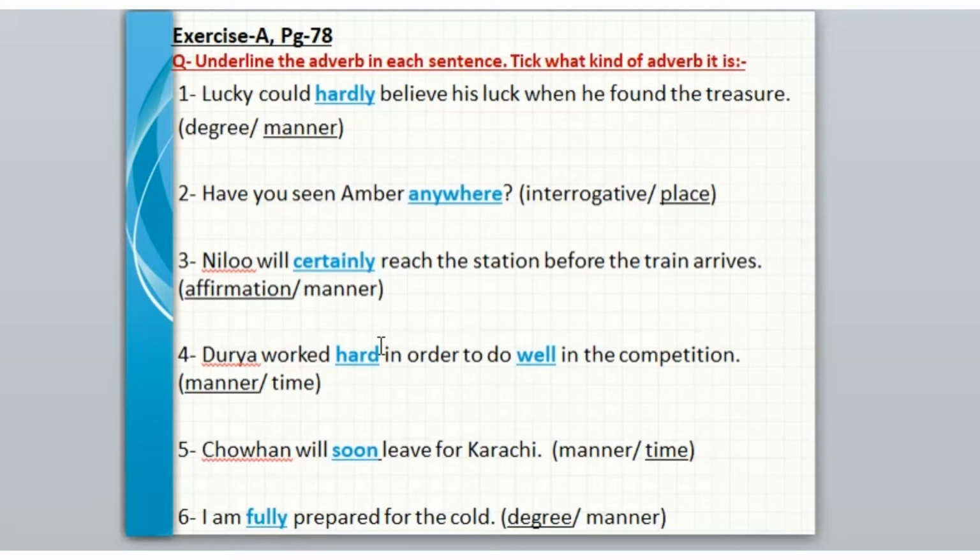They have used 2 adverbs. We have to pick out both adverbs and we will underline. Both belong to the same kind. Okay, students, you will underline well also. Do well. What do is defined by this adverb well here. Okay, students, underline hard, underline well, and both of them belong to adverbs of manner. You will underline, you will put tick on top of this option, adverb of manner.